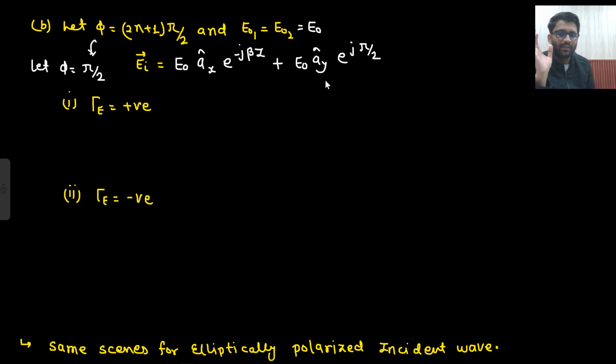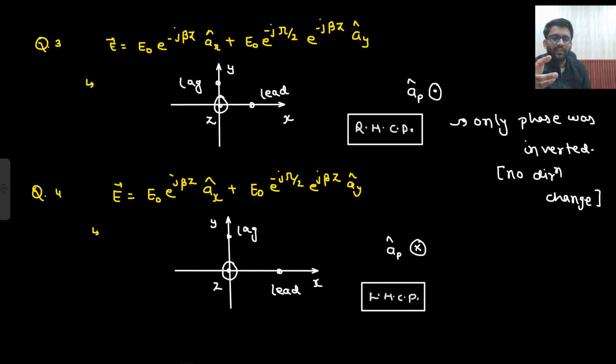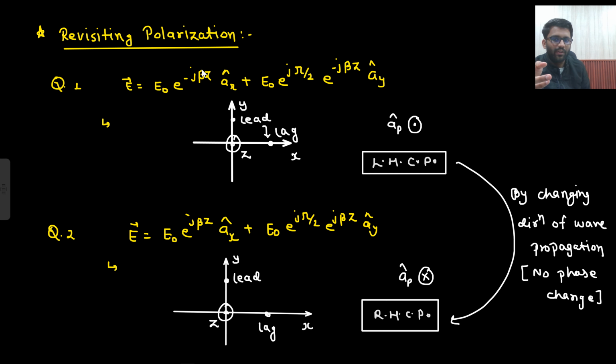This is what I am assuming, because this is also circularly polarized, and this is also propagating in z direction only. And what do I see here? What is this? This is your left hand circularly polarized. You can see this case, first case we took E naught e to the power minus j beta z ax cap, E naught e to the power j pi by 2 e to the power minus j beta z ay cap.